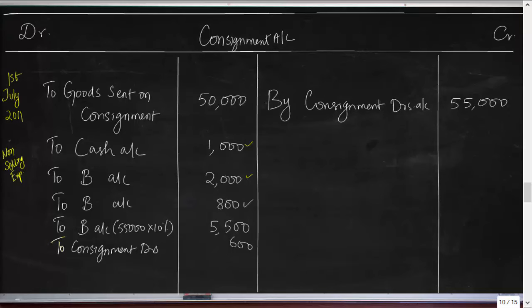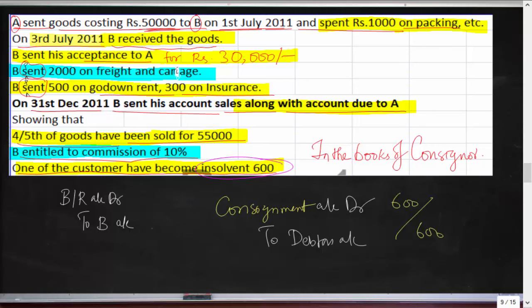But here you have a problem. You cannot simply compare the credit and debit, find the difference, because you have not sold everything. Why? If you notice, the question says only 4/5 of the goods have been sold. It means 1/5 of the goods are still with the consignee.